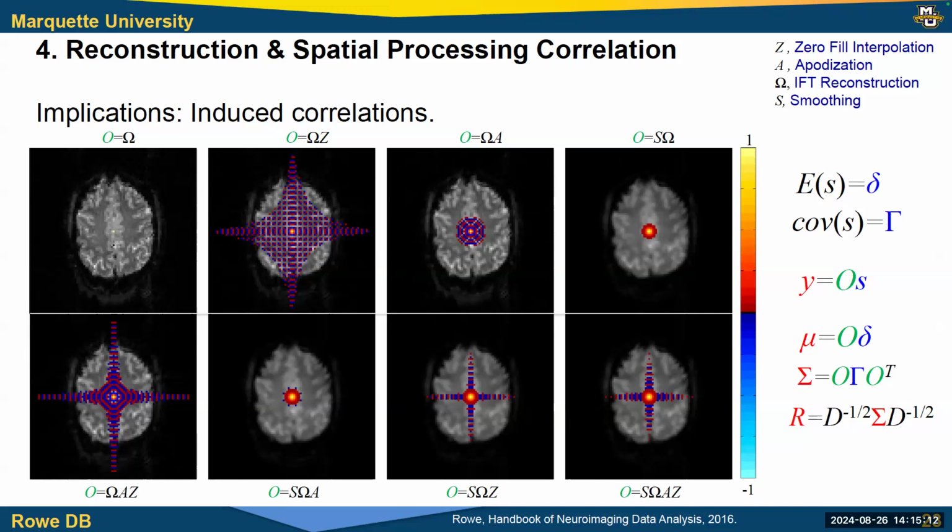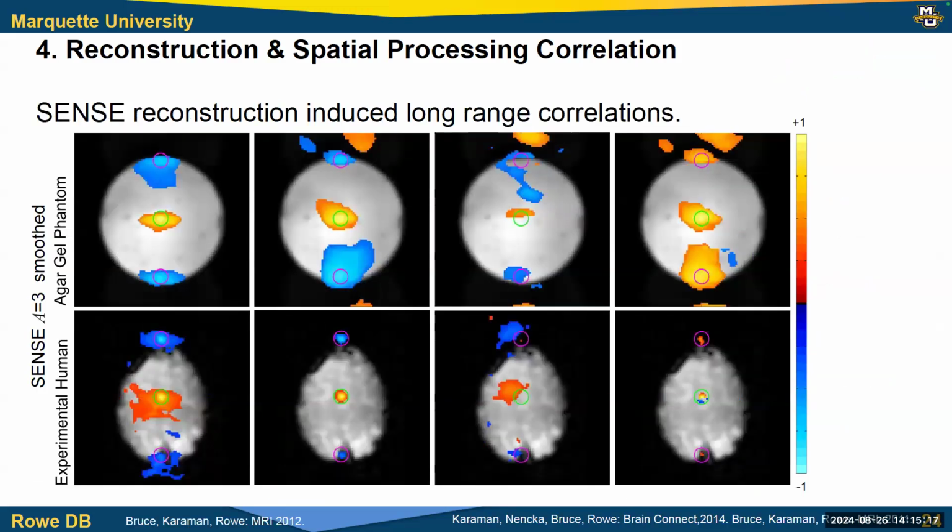Now you're going to say, well, that's just a local correlation, why do I care? Well, it turns out that there are other processes like measuring less data where you skip lines of K-space and you get aliasing, you unfold. And so what happens is when you do the standard image reconstruction techniques like SENSE here with this acceleration factor of 3, and here's actual gel phantom and human experimental data, that you get correlation when you unfold the image and it's much larger in these regions when you smooth.